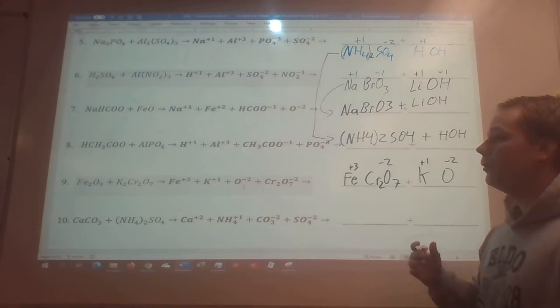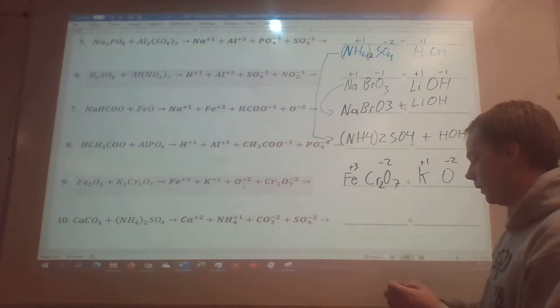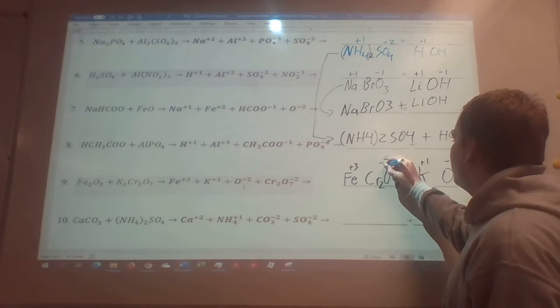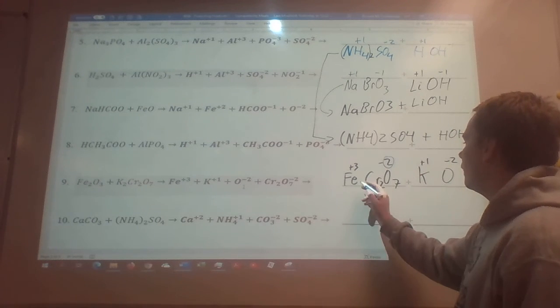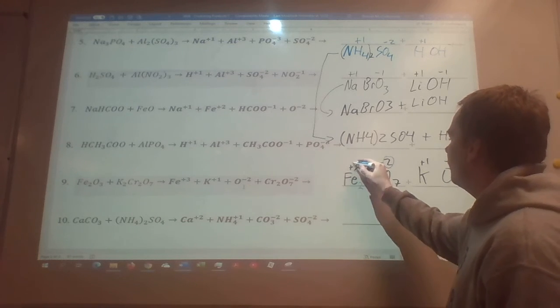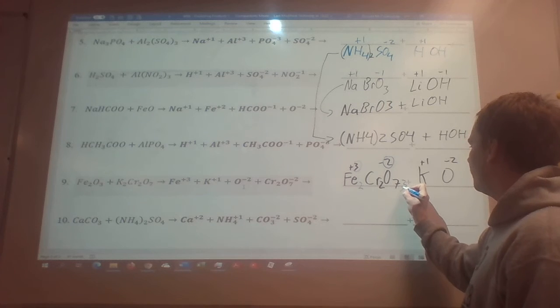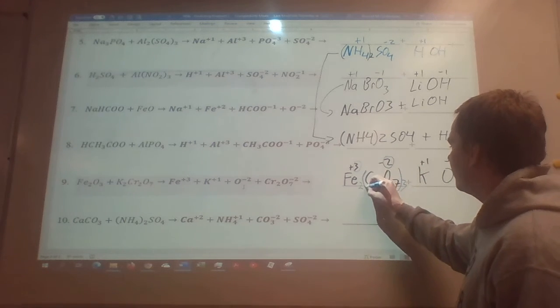Now, if you remember your shortcut, again, I'm going to switch colors for this. This 2 has to be the subscript here. And this 3 has to be the subscript here. But because we're adding a subscript to a polyatomic, we need parentheses.